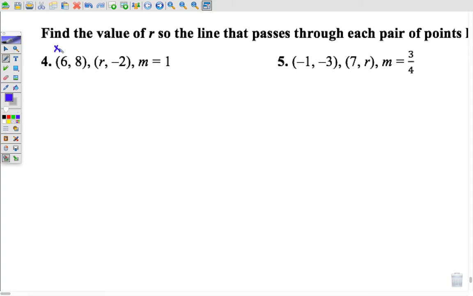So we're going to label this x1, y1, x2, y2. Okay, and my slope is already labeled. Your formula, m is equal to y2 minus y1 over x2 minus x1. And we're going to plug in what we know.